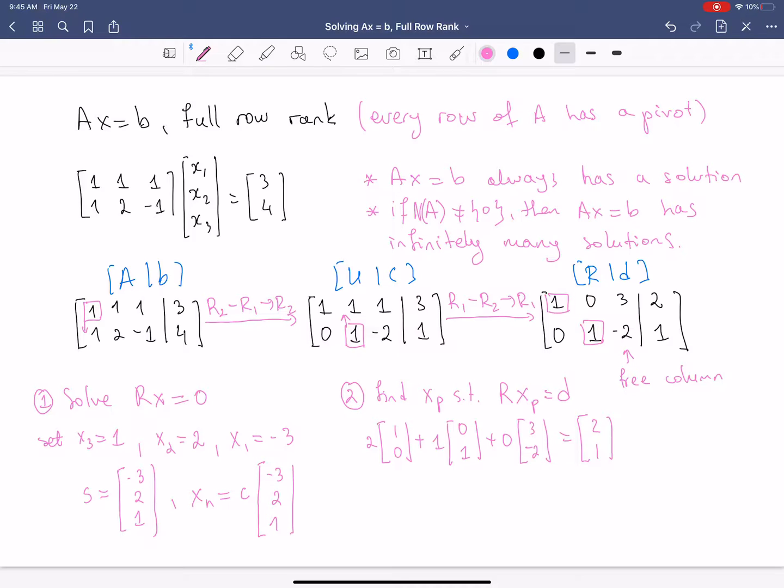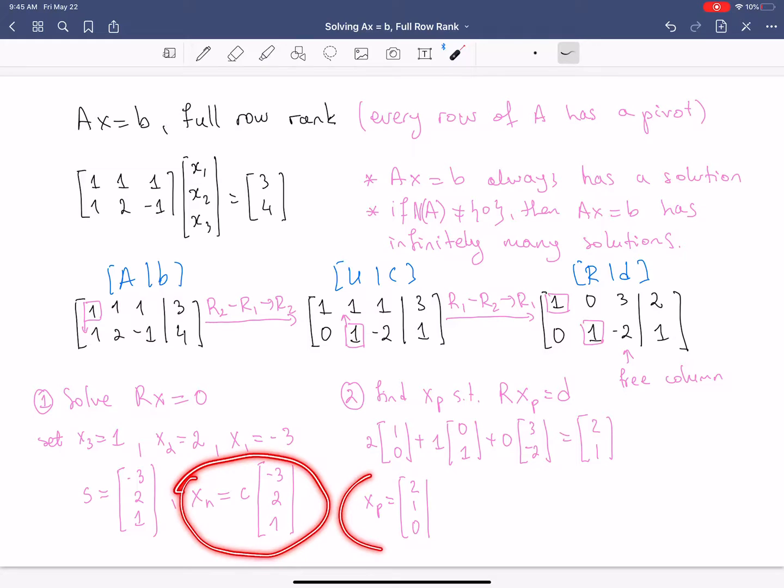Again, this is not unique. There are many particular solutions. This is just one of them, and it's the easiest one because you work with columns of the identity when you put 0 for the free column. And this gives you the particular solution equal to 2, 1, 0. So these coefficients are the 2 from here, the 1 from here, and the 0 from there. So we have the null space solution, we have the particular solution.